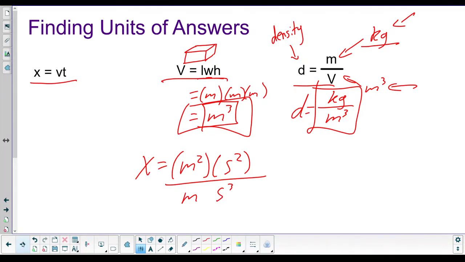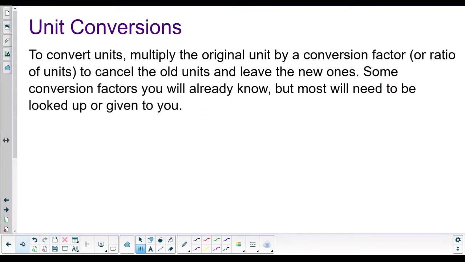So all right, let's go ahead and talk about unit conversions. So to convert units, if I ask you how tall you are and you say you're 5 foot 10 inches, and then the doctor says, no, but in metric, how tall are you? 170 centimeters.